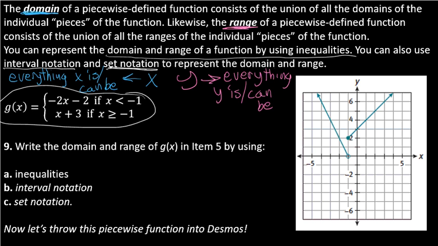Write the domain and range of g of x from item 5. Let's use inequalities first. Our domain, if we're using inequalities, we're talking about x. So what is everything that x can be?